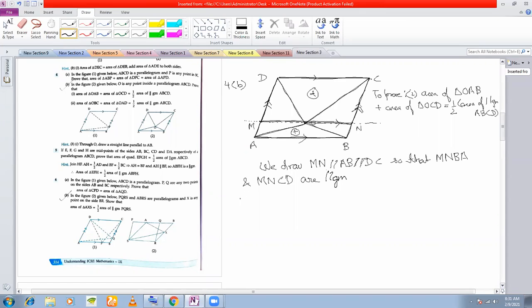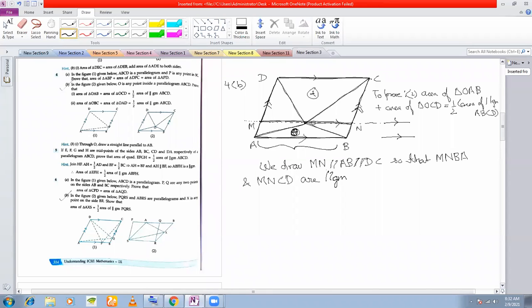Now we look at the smaller parallelogram at the bottom. The parallelogram that I mean is MNBA. If you see, this triangle here is on the same base AB and between the same parallel lines, right?